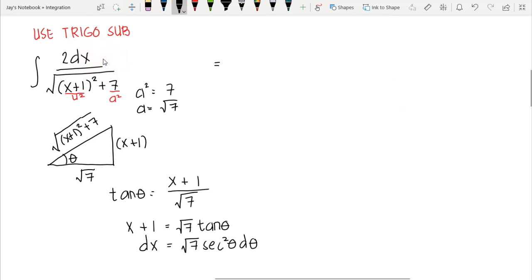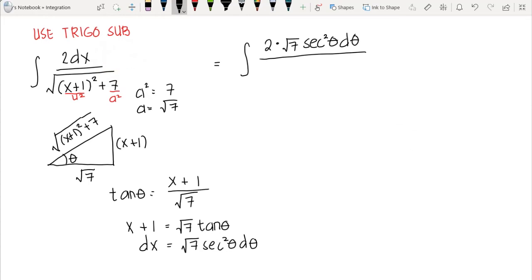Then we have the integration of 2 times dx, which is square root of 7 secant squared theta d theta, over, again we replace all the variable x in terms of theta. Then we have x plus 1 squared, that is square root of 7 tangent theta squared, correct? Plus 7.